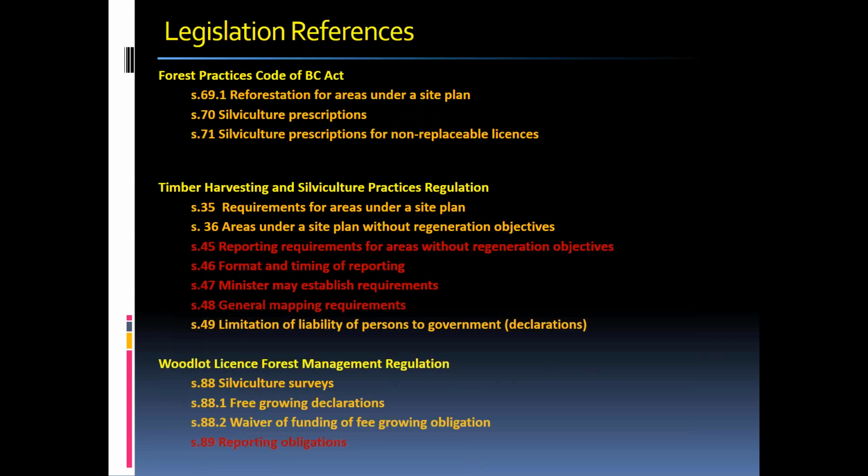So this is why we talk about some of the code framework as well, because we're still dealing with that legacy of those obligations. So when we talk about the Forest Practices Code Act, we have certain sections that deal with requirements about what needs to be provided to results as well as reporting obligations.